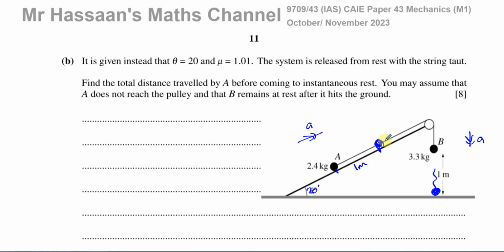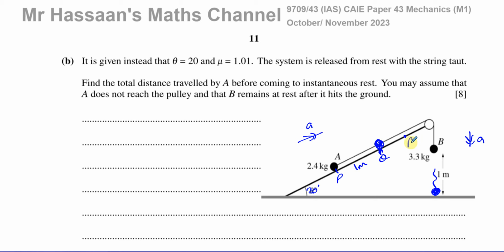We know it travels 1 meter in the first part of the journey. So let's call this point P and then Q and then R. From P to Q, I know the distance is 1 meter, right? I know that that's how much it's moved.